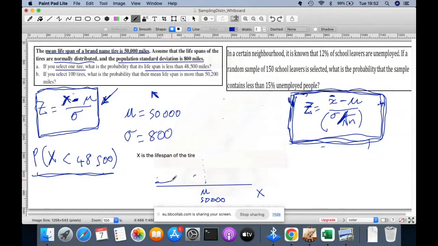So if I draw this normal distribution, which is the bell-shaped curve, more or less, all right. So 50,000 is here, and they're telling us 48,500. That has to be to the left of it because it's less than 50,000. So let's draw it somewhere around here. Okay, it doesn't have to be exact. So it's 48,500, right? And they're saying find the probability that x is less than this. So x less than this is this area here on the left of it.